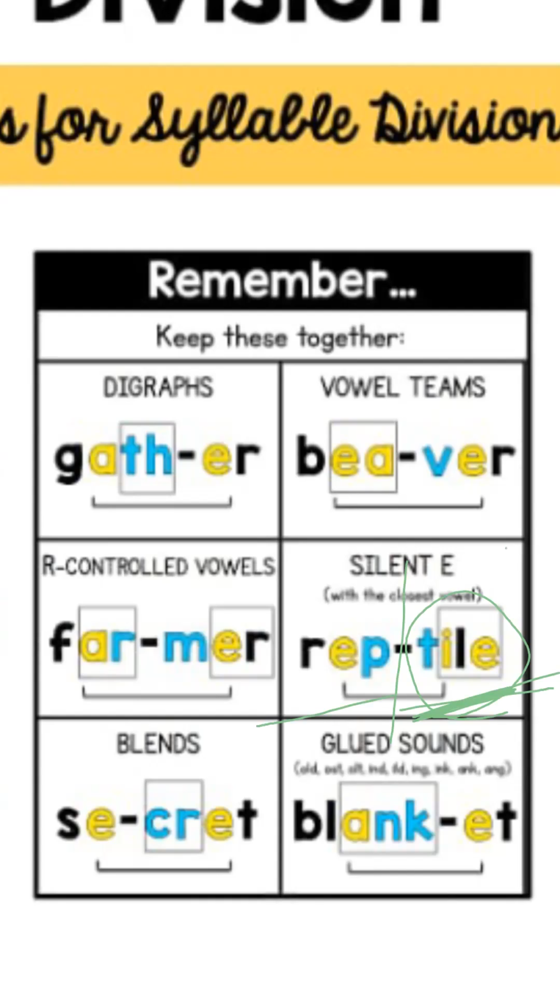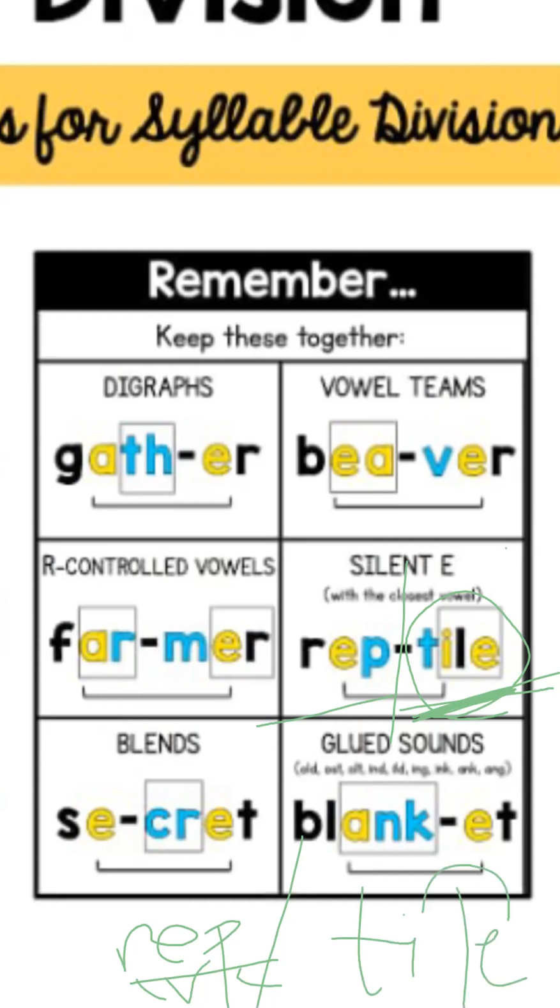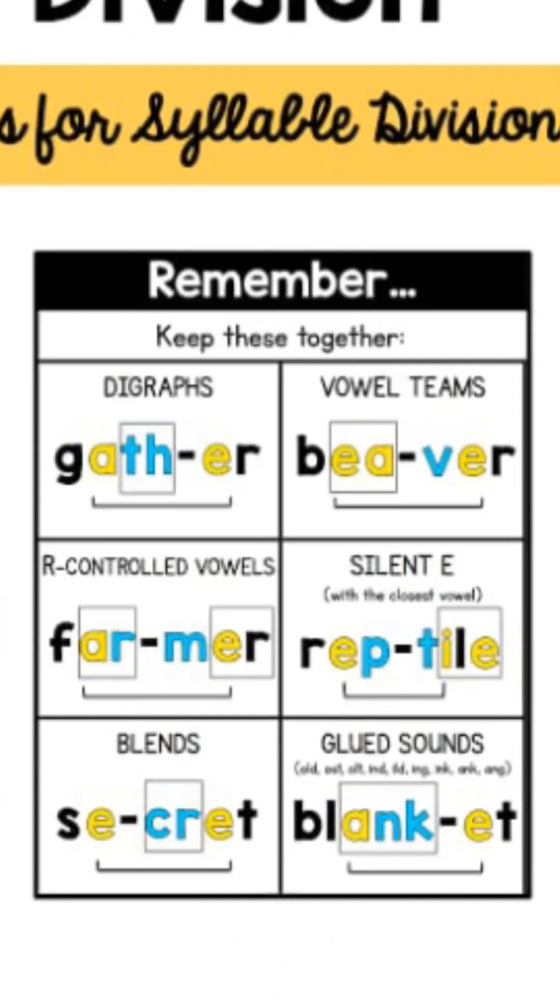Rep is a CVC closed syllable, and then tile. This E will be left with this only. You will not keep this E in another syllable, because that's a part of this. When you divide the word reptile, it is only two syllables. It is not that this E will make a separate syllable.